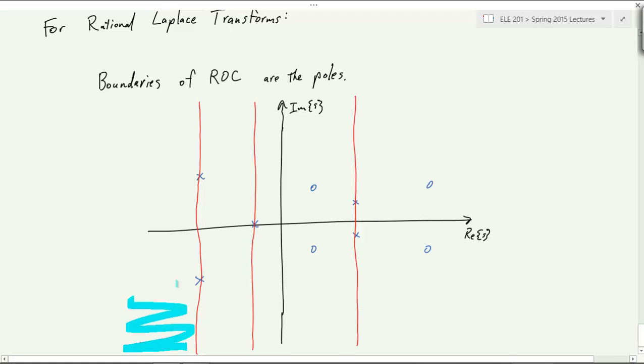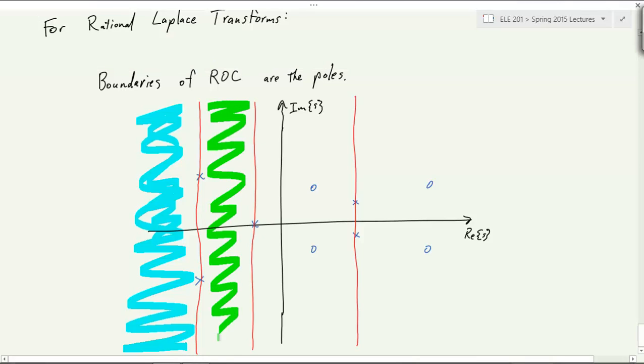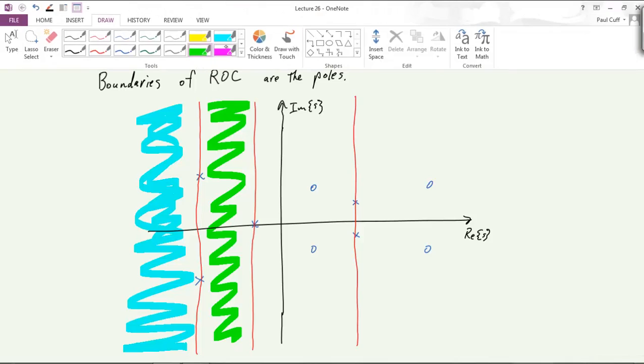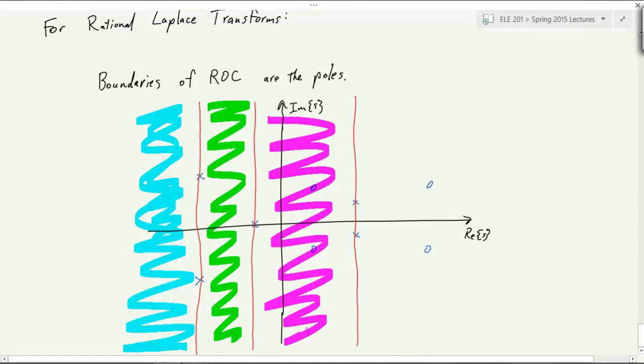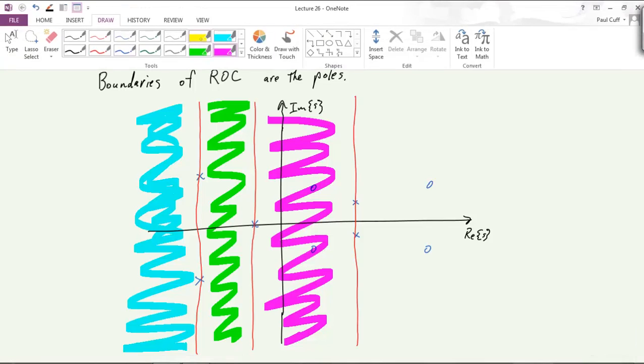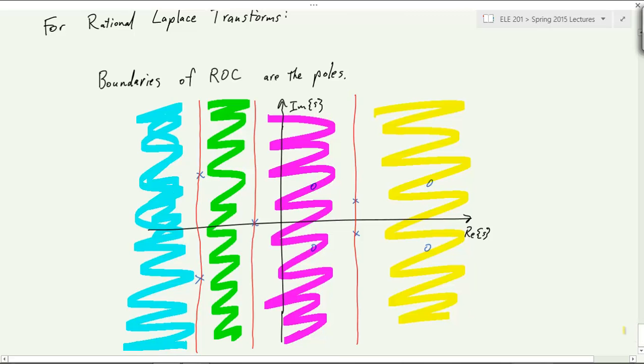There's this one that just goes off to the left. It's not bounded to the left. There's this one. There's this one. And there's this one that's not bounded to the right. Okay, so 4 different signals can all have the same formula for the Laplace transform, but they would be different signals with different regions of convergence.